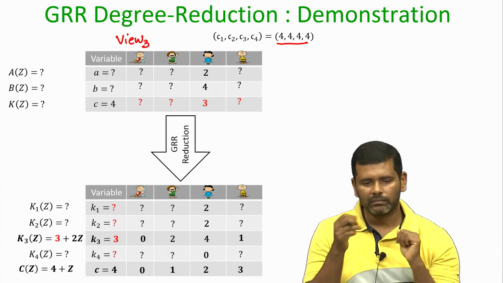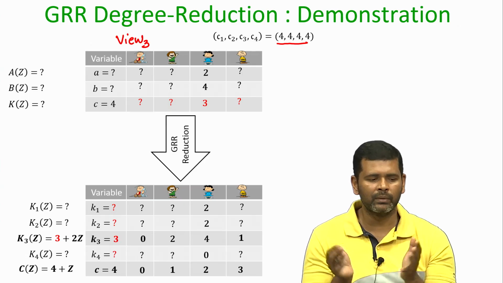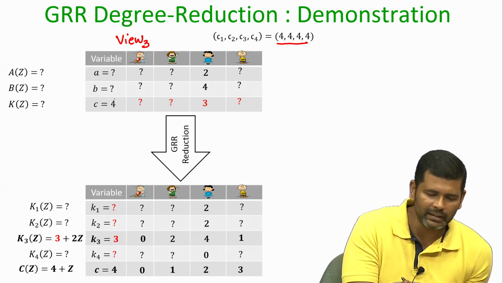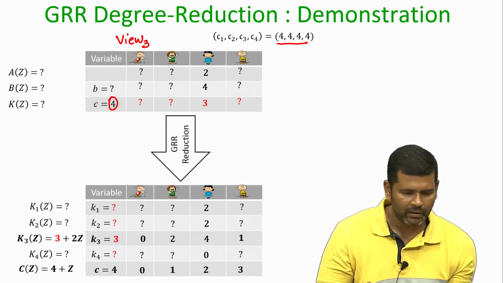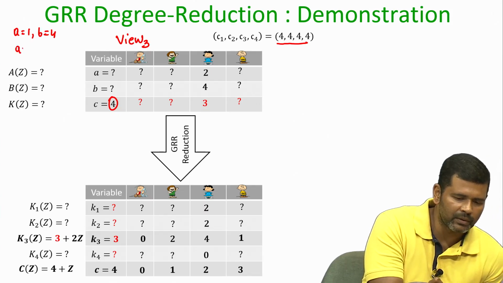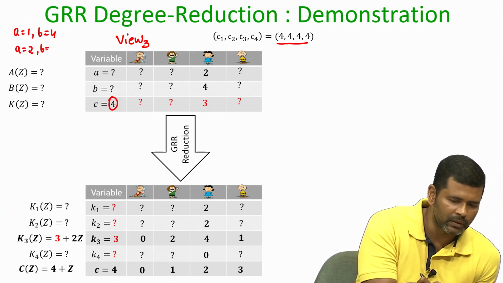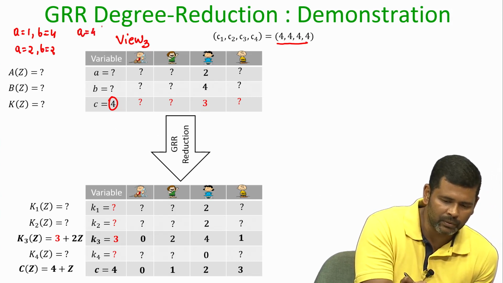So, now a malicious P3 with unbounded computing power would like to infer that the final result is 4. Is it because A is equal to 1, B equal to 4, or is it because A is equal to 2, B equal to 2, or is it because A is equal to 4, B equal to 1, or is it because A equal to 3 and B equal to 3?